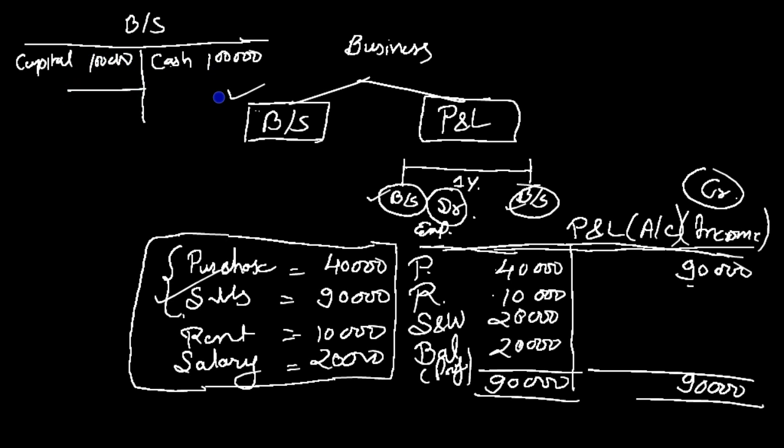So this was the balance sheet at the beginning. The total of the balance sheet was 1 lakh. Now at the end of the year, because of the profit and so many transactions, this balance sheet will be different. We can see the balance sheet now.